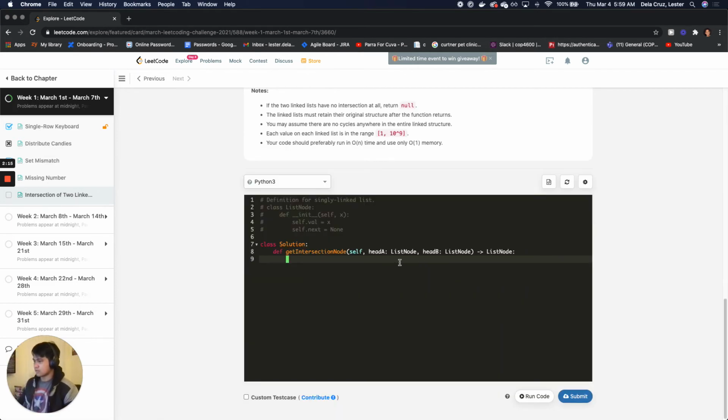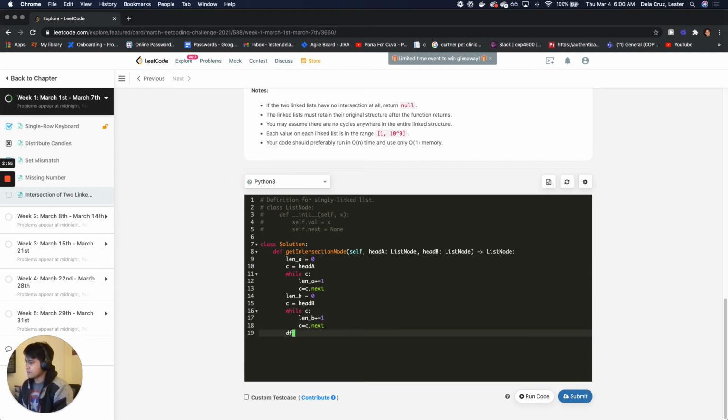So that's the solution. What we're going to do is count the length of A: C equals head A, while C, increment length of A, C equals C.next. Then length B equals 0, C equals head B, while C, increment length of B, C equals C.next.